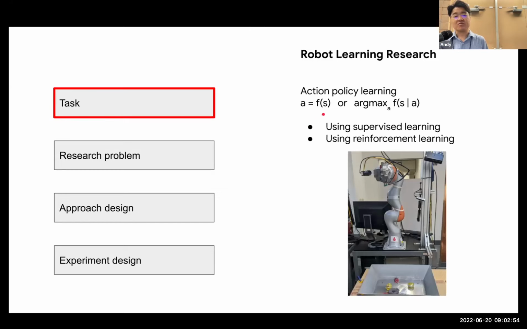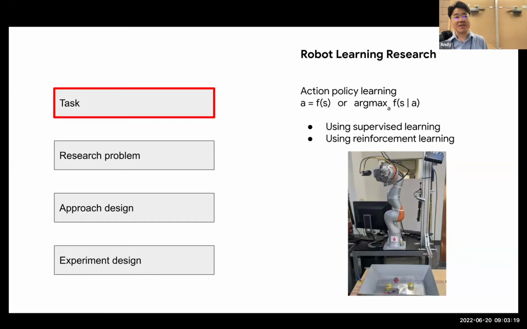We are essentially trying to learn a model that will provide you an action given your state, or give you some score, energy, of state given action. So in this case, your CNN, your transformer, or your model will be taking two different types of inputs. But other than that, it's pretty identical to what you have been doing so far.